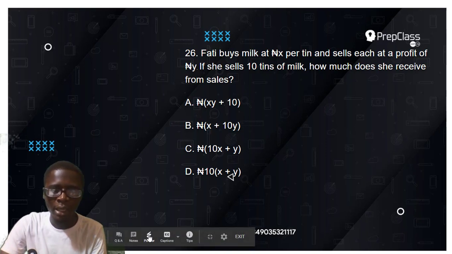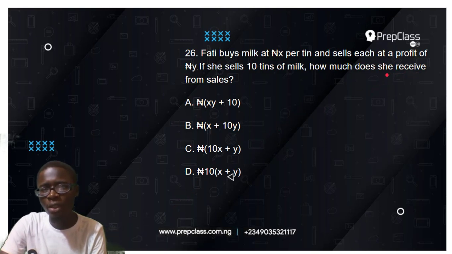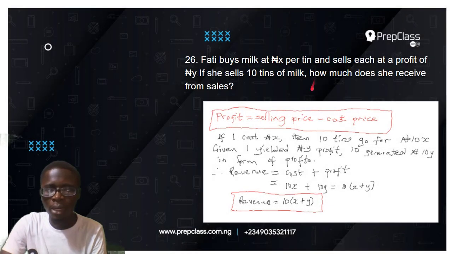So our interest here is to figure out the revenue that Fatty actually receives from the buying and selling of this tin of milk. To do that, we need to remember that profit is equivalent to selling price minus cost price.